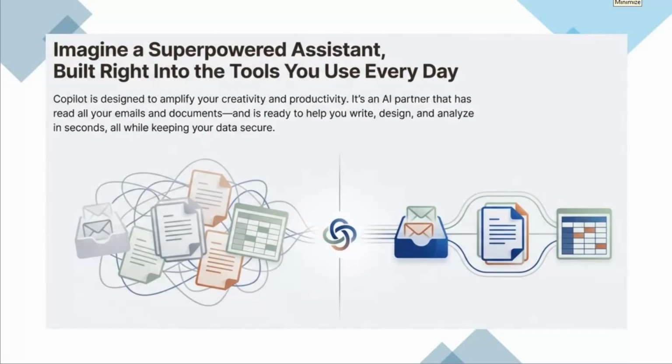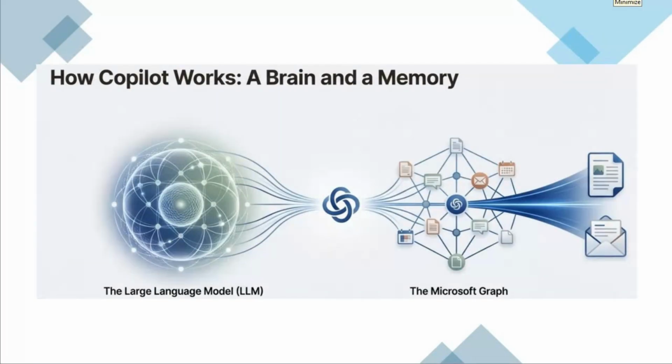To understand Copilot, think of two parts. The first, there is the large language model, LLM. Think of this as the brain that understands how we speak. Second, there is the Microsoft Graph, which is the memory of all your work, your files, meetings, and chats.